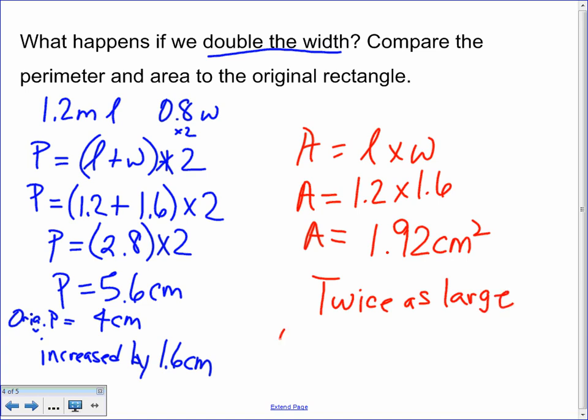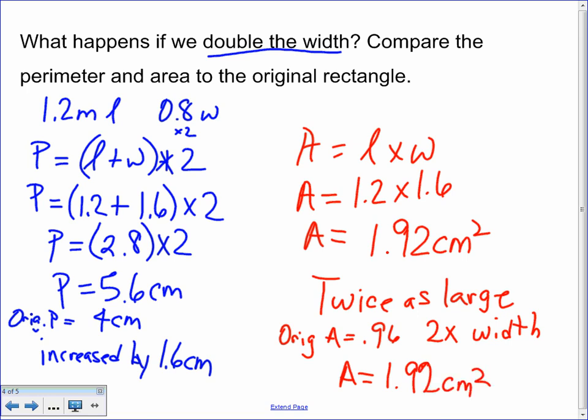Originally, my area was 0.96, but I doubled the width. And if you remember back to the previous slide, if I multiply one of my lengths times 2, what's going to happen to my area? It's going to double. So it's now 1.92 squared.